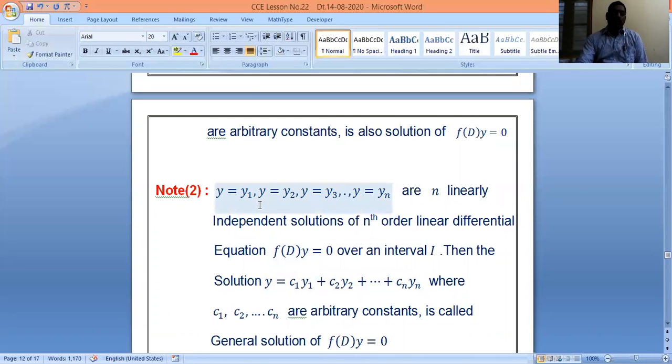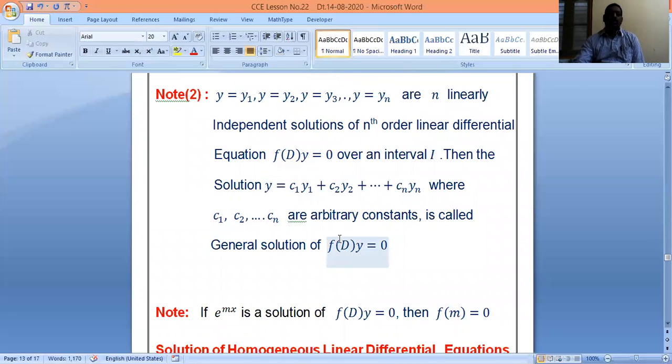If y is equal to y1, y is equal to y2, y is equal to y3, and so on, y is equal to yn are n linearly independent solutions of the nth order linear differential equation f of D into y is equal to 0 over an interval I, then the solution y is equal to c1y1 plus c2y2, and so on, cnyn, where c1, c2, cn are arbitrary constants, is called a general solution of f of D into y is equal to 0.